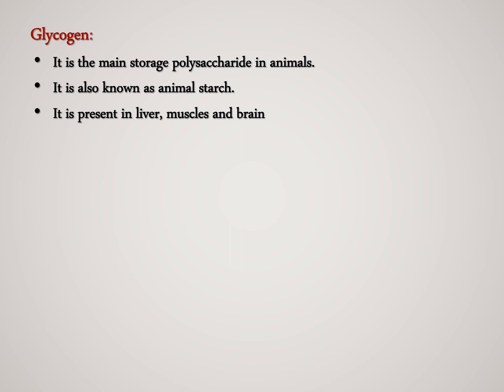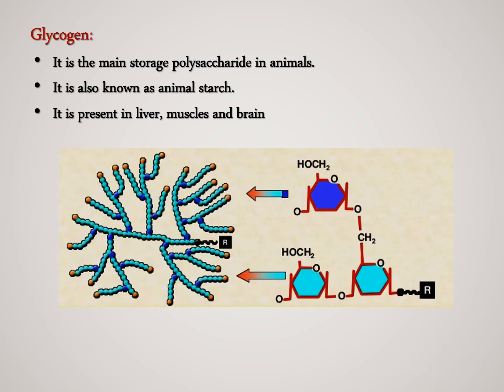Therefore, it is also called animal starch. The structure of glycogen is very similar to the structure of amylopectin. So this is how the structure of glycogen appears, as we have seen on the screen.